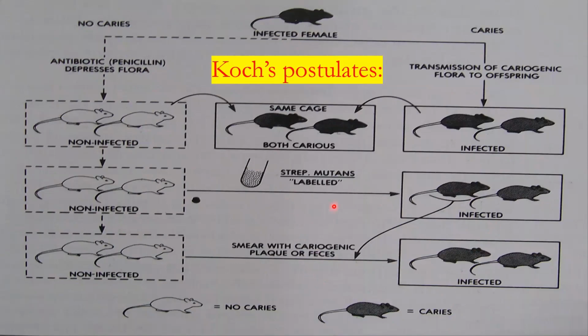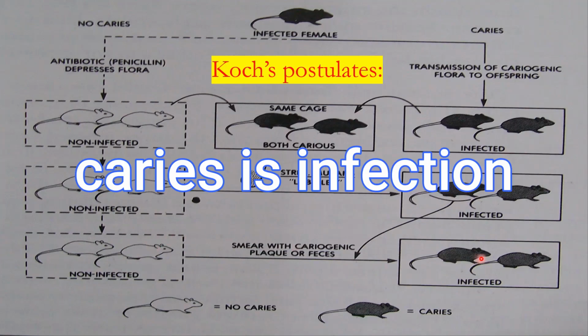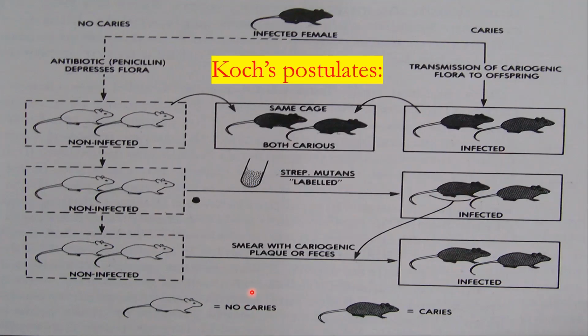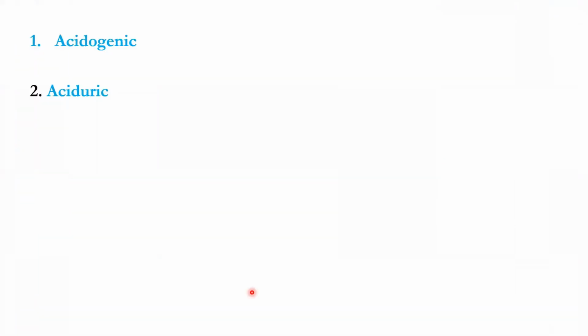First, when antibiotic was given to the infected female, she was completely cured and did not show any caries. When the plaque and the feces of an infected mouse were smeared onto the non-infected mice, it gave rise to infected mice. This is a solid proof that caries is a bacterial infection.